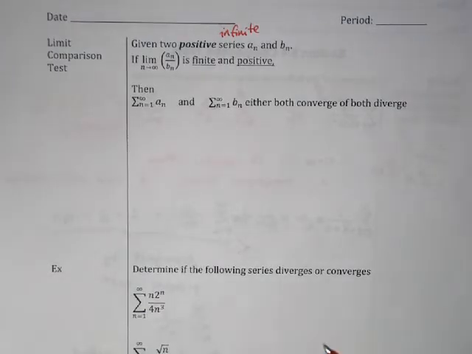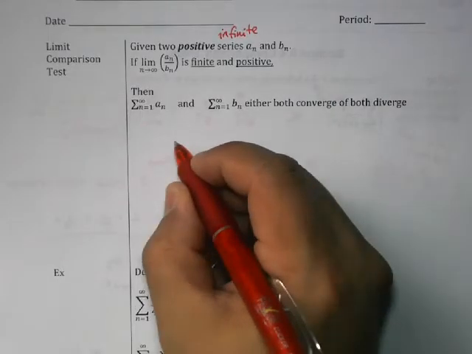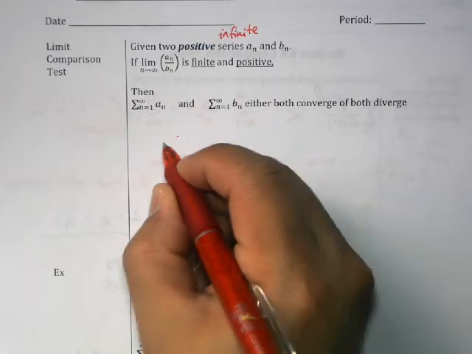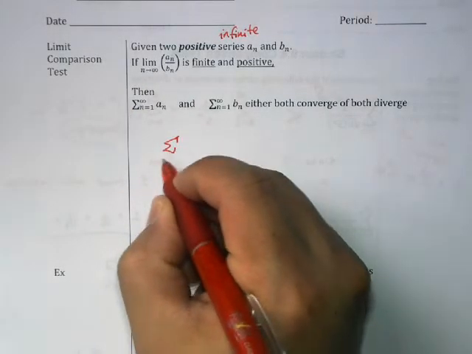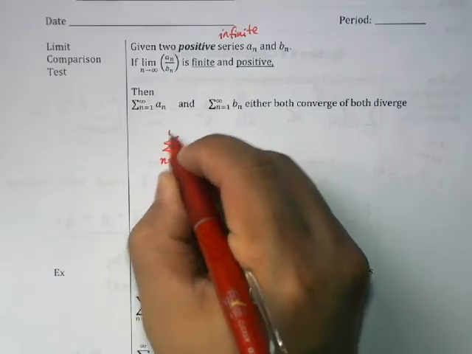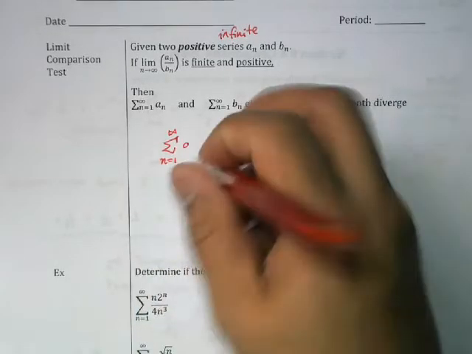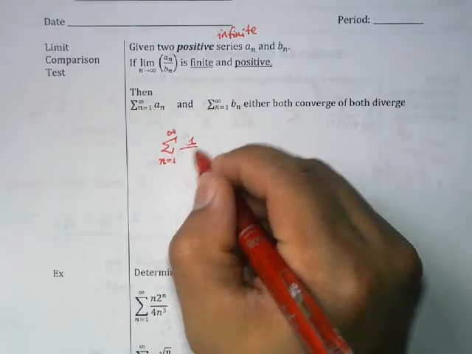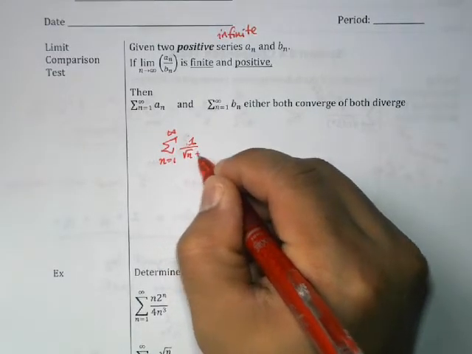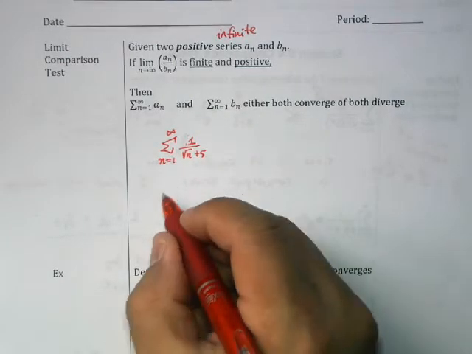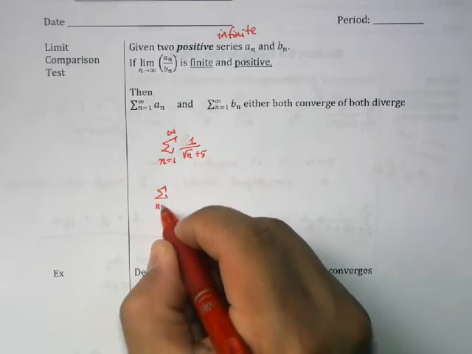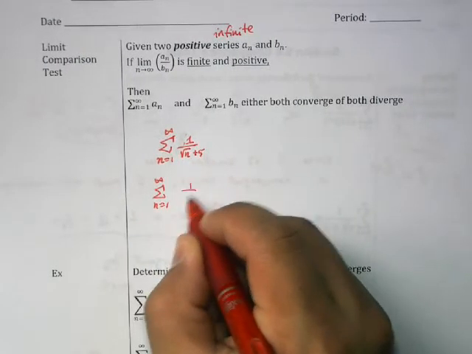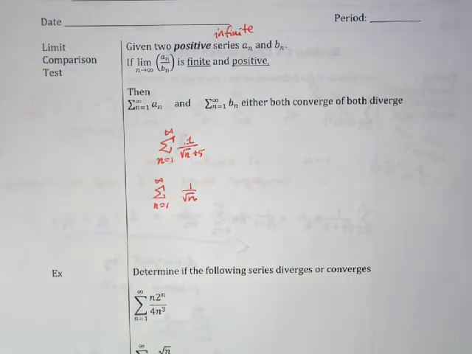And so let's put that to work in our previous example. Our first series is the sum from n equals 1 to infinity of 1 over the square root of n plus 5, and the second series that I had was the sum from n equals 1 to infinity of 1 over the square root of n.